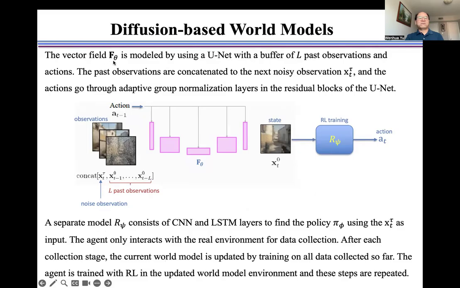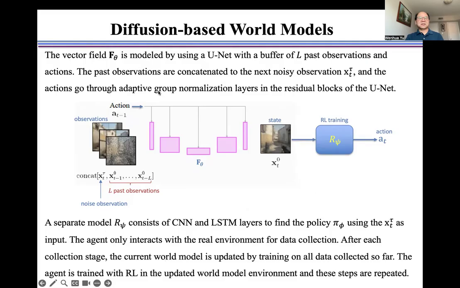The vector field F_theta is modeled using a U-Net with a buffer of L past observations and actions as shown here. The past observations are concatenated to the next noisy observation x_t^tau as shown here and here.